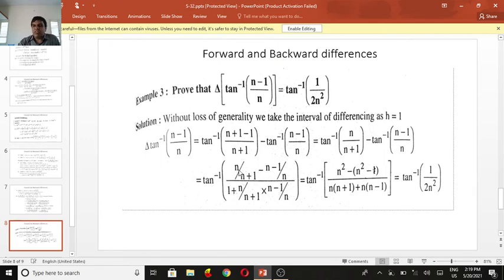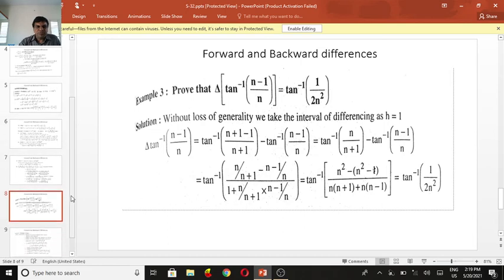So tan inverse of A is n divided by (n plus 1) minus (n minus 1) divided by n, divided by 1 plus n divided by (n plus 1) into (n minus 1) divided by n. So this is equal to tan inverse of (n square minus n square minus 1) divided by (n into (n plus 1) plus n into (n minus 1)). Simplifying, we get tan inverse of 1 by n square.